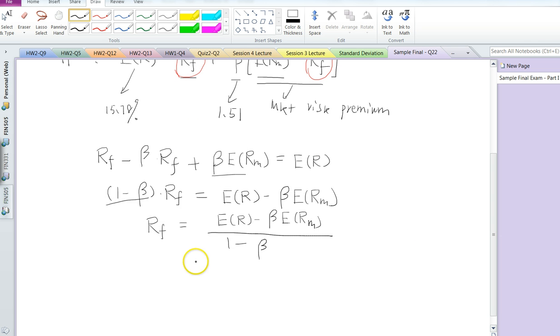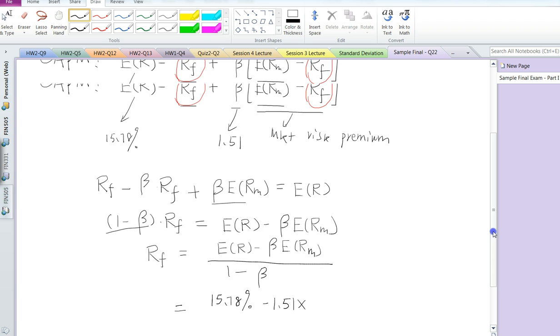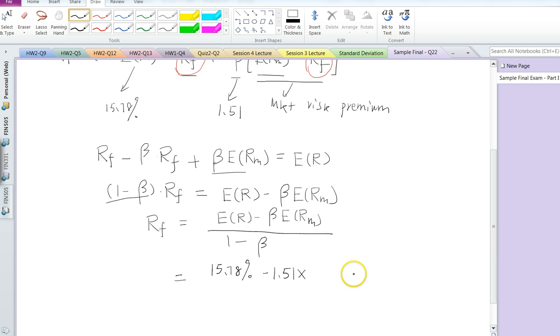Now we can plug in the numbers. The expected return on the security is 15.78%, beta is 1.51, the expected return on the market is 11.34%, and the denominator is 1 minus 1.51.